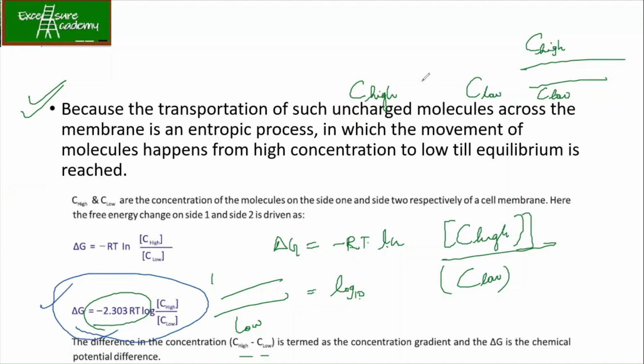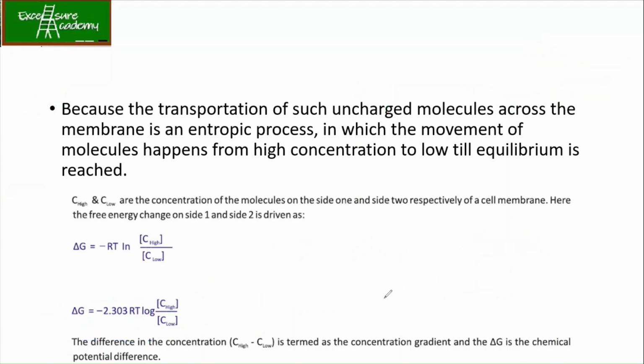Now I'm just going to repeat one more time. If here you have the membrane, you have the concentration high here and concentration low here. Because of this concentration difference, a chemical potential difference is created. This is nothing but energy. When you equilibrate this, what is going to happen?